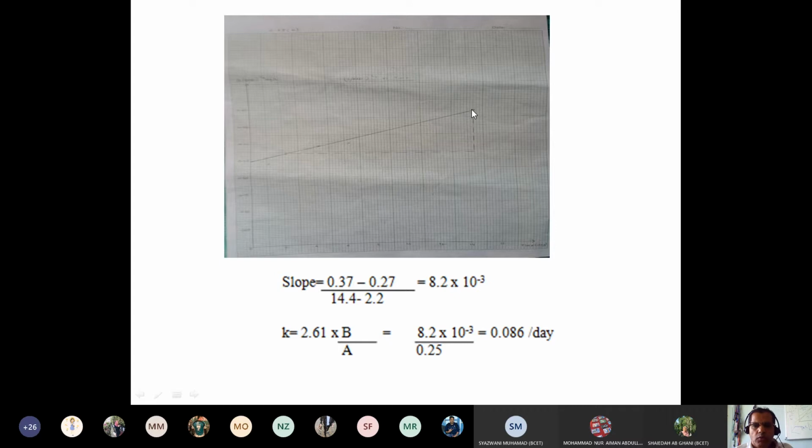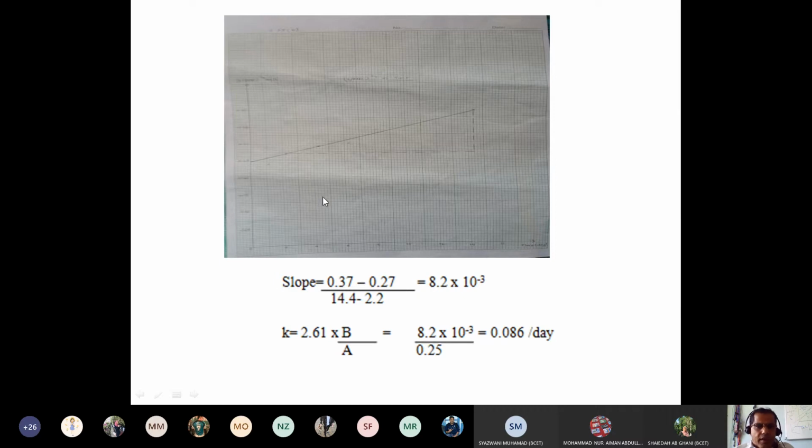This is y1, x1. This is y2, x2. Or the opposite, also the same. And you will get your slope.